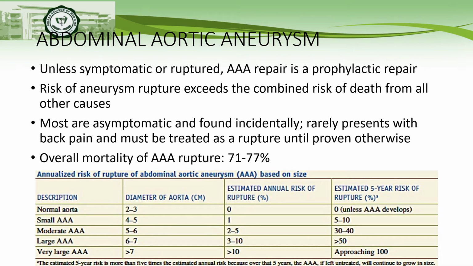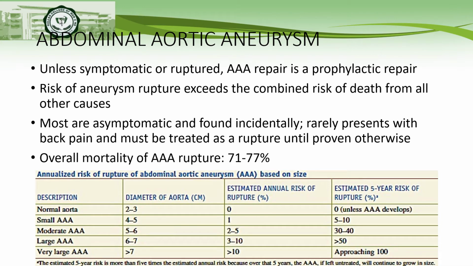AAAs are usually asymptomatic and are only found incidentally during workup for chronic back pain or kidney stones. Rarely, patients present with back pain and or abdominal pain with a tender pulsatile mass. Patients with these symptoms must be treated as a rupture until proven otherwise.